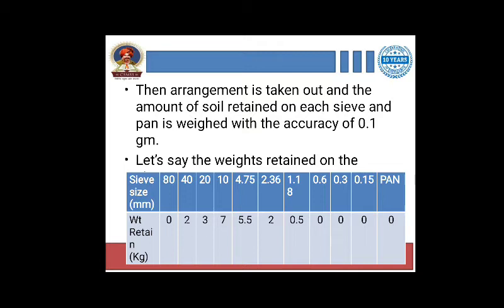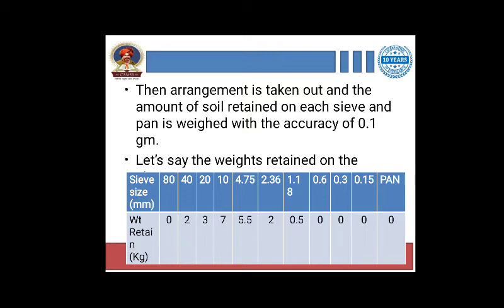Let us say the weight retained on the sieves is as follows. See in the table that sieve sizes are mentioned in one row and weight retained is mentioned in another row, right?